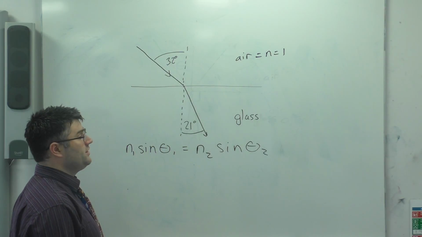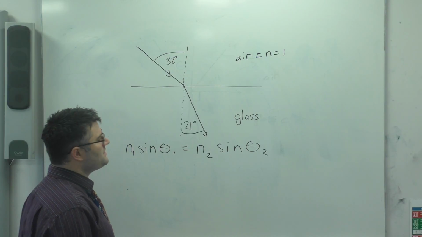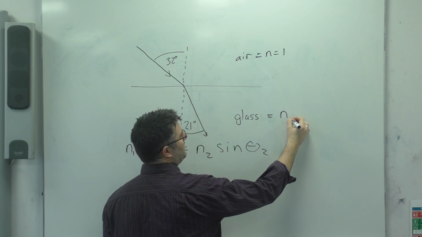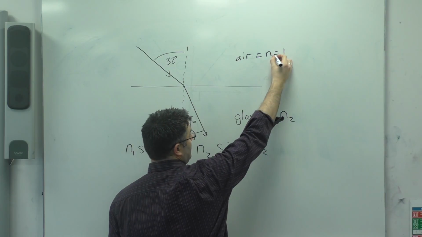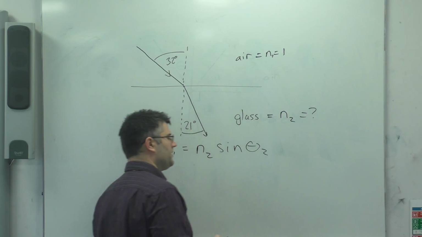So that's a constant that you do need to know about. Glass, well, we're going to look to see if we can find that out. That's going to be our N2 in this case. Air was N1. And we don't know what N2 is. That's what we're looking to find out.